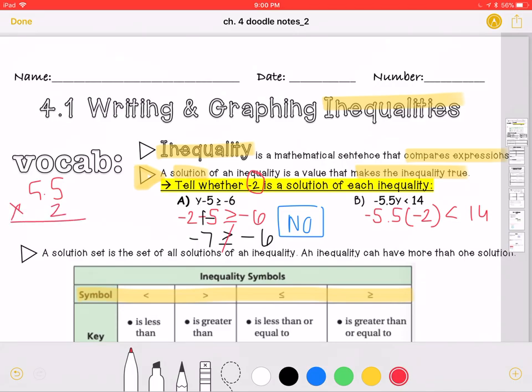What is 5.5 times 2? Hopefully you get 11. Negative times a negative gives us a positive 11. Is 11 greater than 14? Yes, that is true. So is -2 a solution? You would say yes for this one. So that's how to tell whether a specific number is a solution to the inequality.